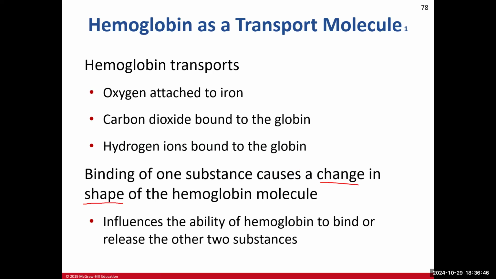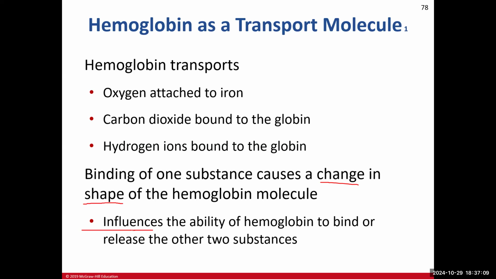Depending on the configuration or the shape of that molecule, it might make things easier to bind onto it, or it can make things harder to bind onto it. We're going to discuss some of those things. That's the big thing here. Those shape changes are going to influence how well hemoglobin can bind to things, and then how well it can release those things once they've bound.